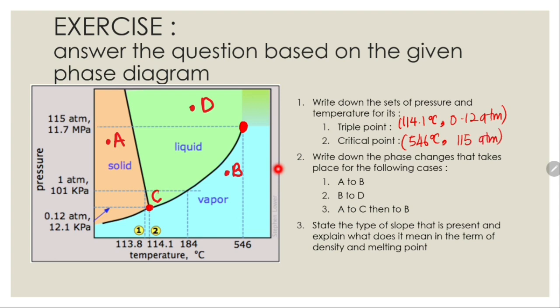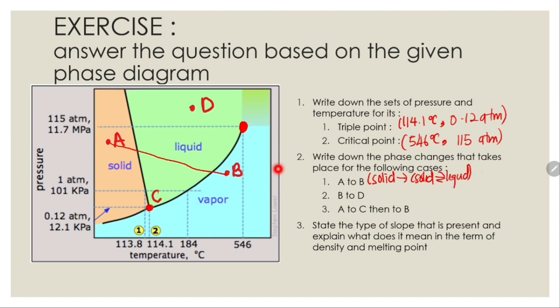Next, write down the phase changes that take place for the following cases, A to B. How to do this? Draw a line connecting these two points. From A to B, it starts as solid, then touches the equilibrium line between solid and liquid, so solid in equilibrium with liquid.